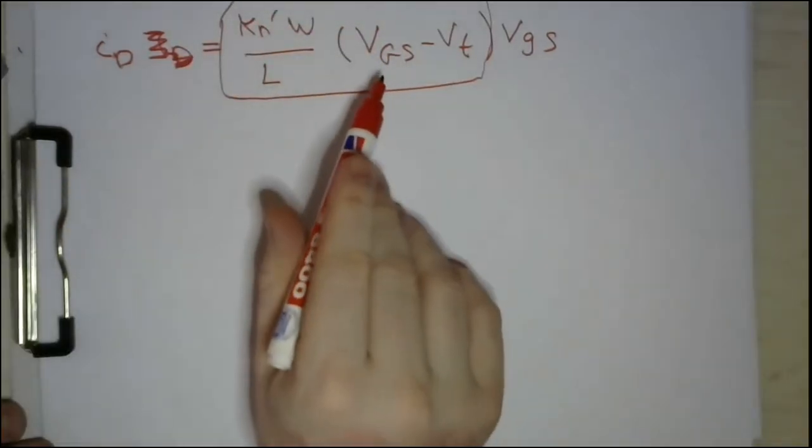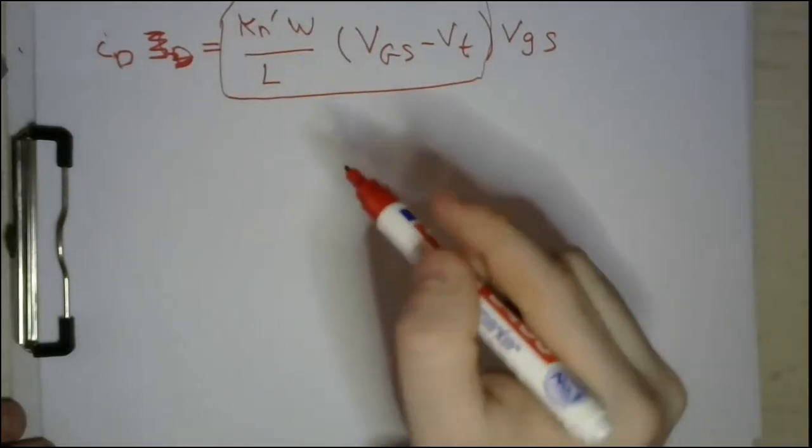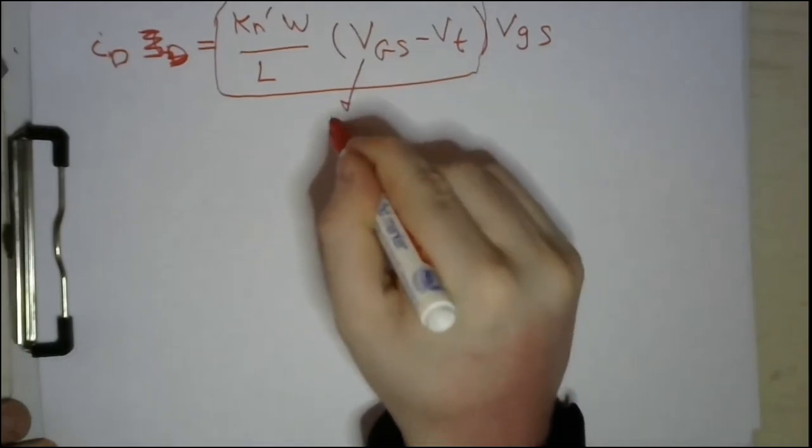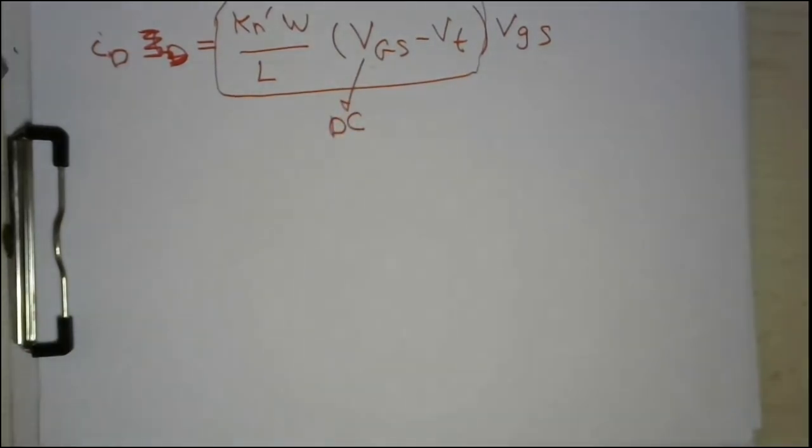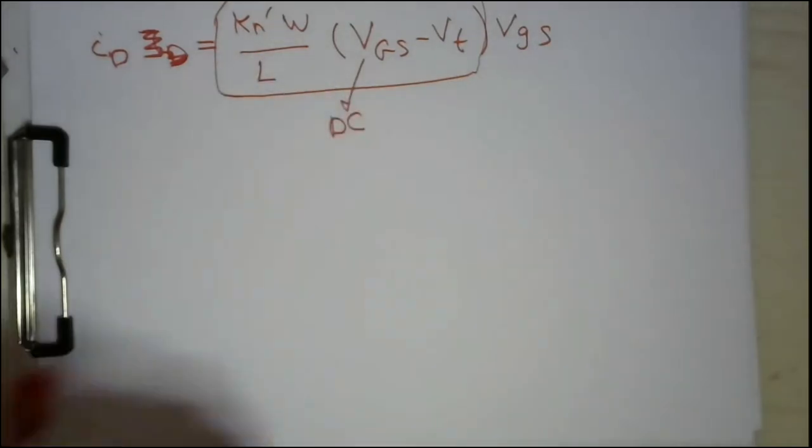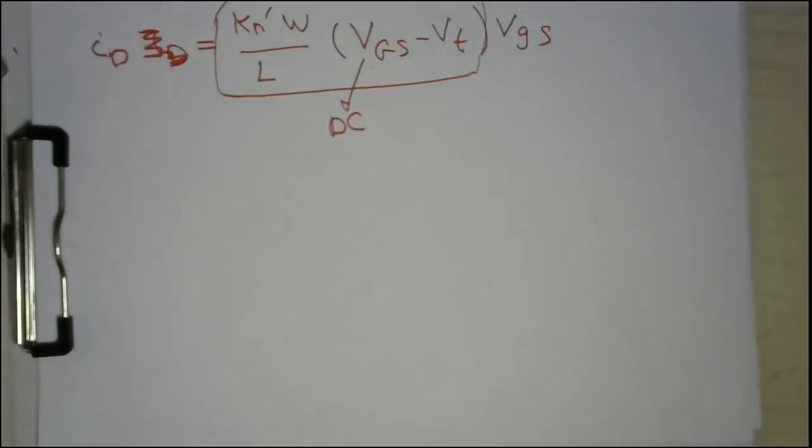And don't forget that V capital GS is the DC offset or the DC biasing for the gate. Now, this is a gain relation, an amplification relation. And the constant of this amplification is Kn dash W over L times VGS minus V threshold.